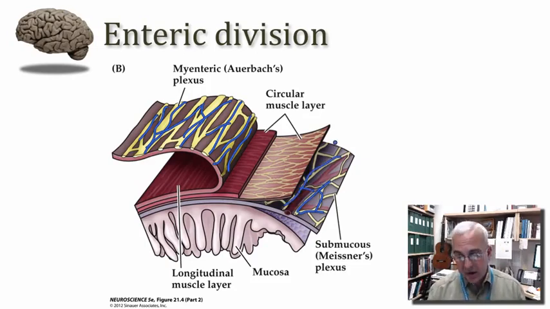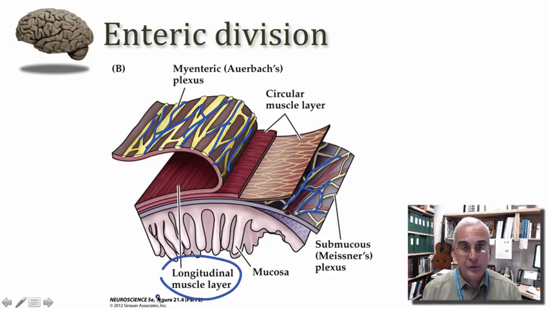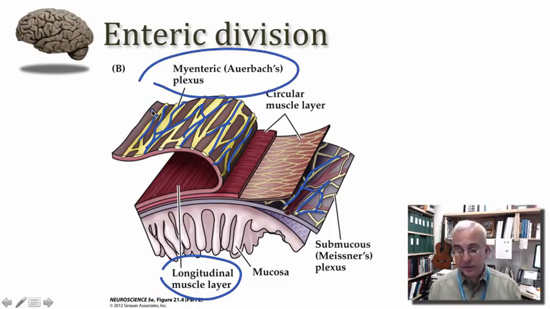In close association with the muscular layers of the gastrointestinal system, especially the longitudinal muscles that are responsible for moving the contents of our gastrointestinal tract along through a pattern of muscle contraction that will propel in a wave-like fashion the contents of the gut along the GI tract, this plexus is called the myenteric plexus or Auerbach's plexus. So it's responsible for coordinating this rhythmical contraction of our longitudinal muscle.